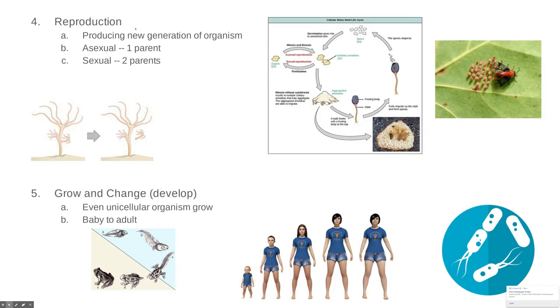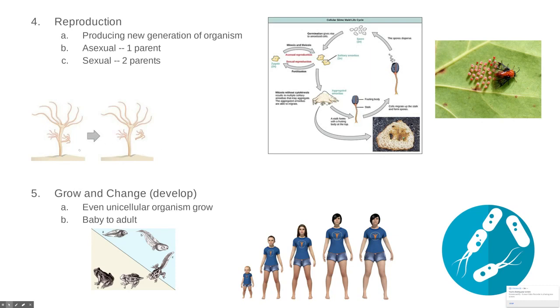Reproduction. If you're living, you have to have a way to reproduce a new generation of your organism. Asexual reproduction is usually in single celled organisms, but some fungi also reproduce like that. More complex multicellular organisms require 2 parents to produce offspring.